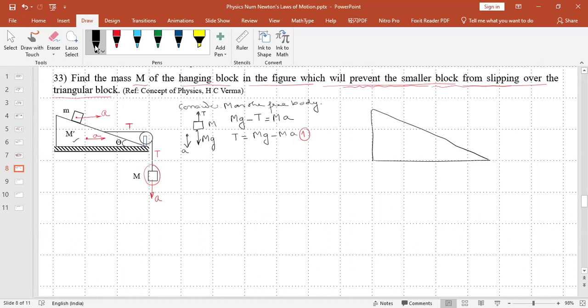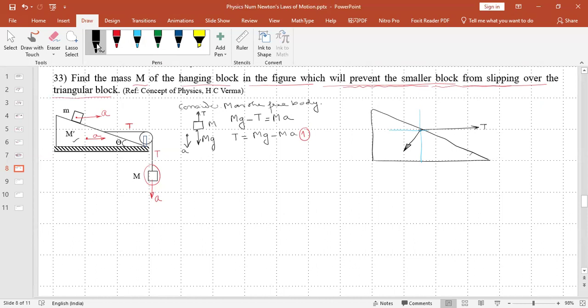This triangular block has a tension T, a force T. Also, the small block, small m, exerts a reaction force perpendicular to the surface.